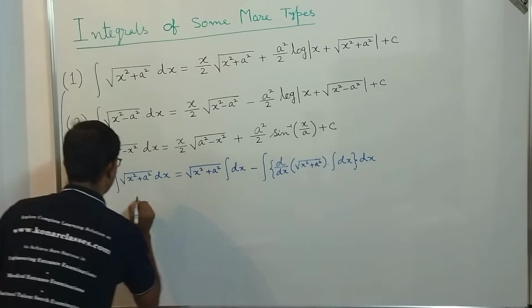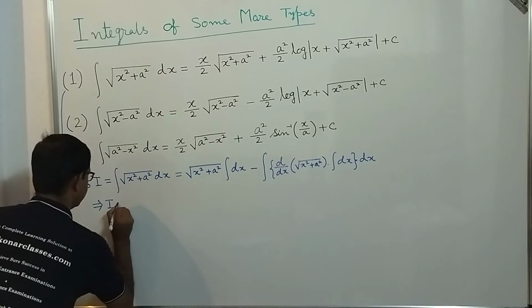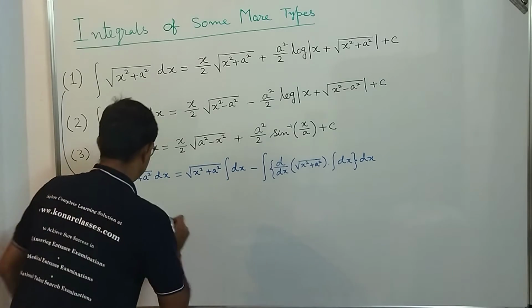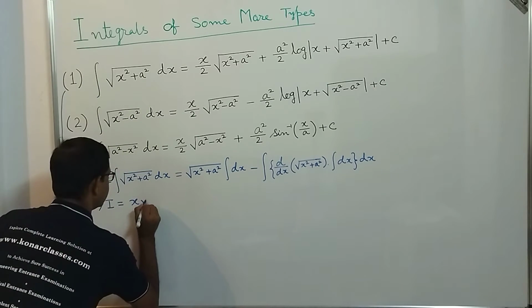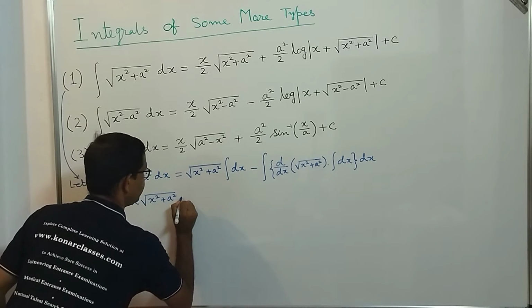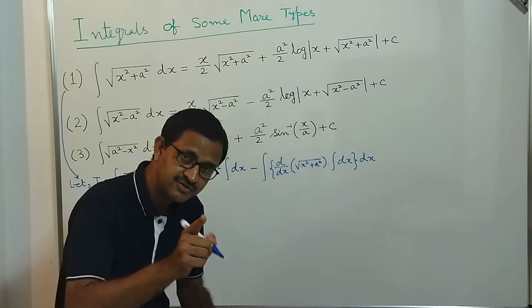So now let's perform that integration. We get I is equal to x into square root of x square plus a square, minus integration of d/dx of square root of x square plus a square.